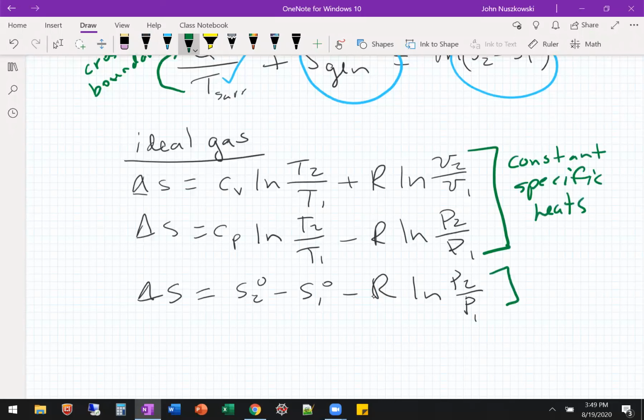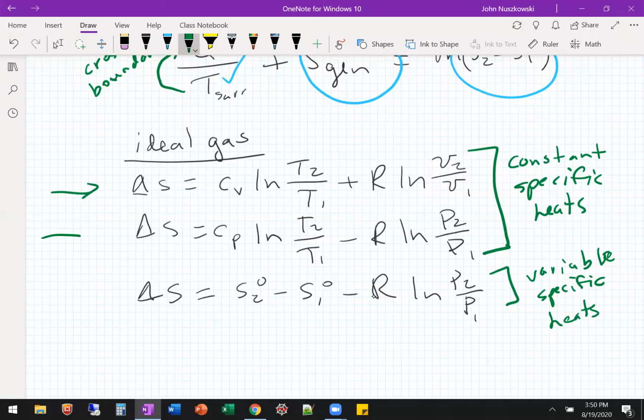The bottom one is variable specific heats, if you want to be more accurate. It takes into account that specific heat changes with temperature. Okay. This problem told us use constant specific heat, so we've got to use this one or this one. Okay. If it didn't tell us, we could assume variable specific heats or constant specific heats throughout the problem.